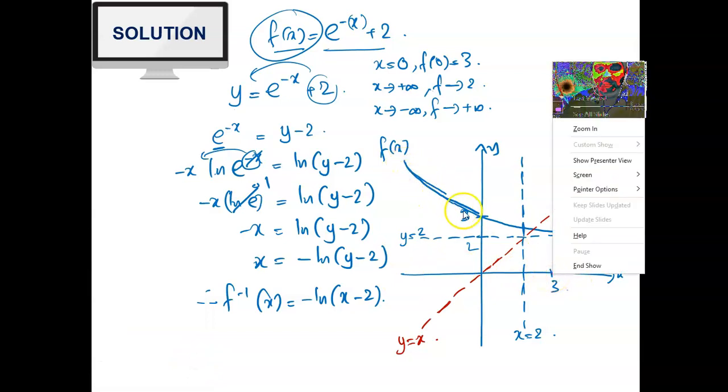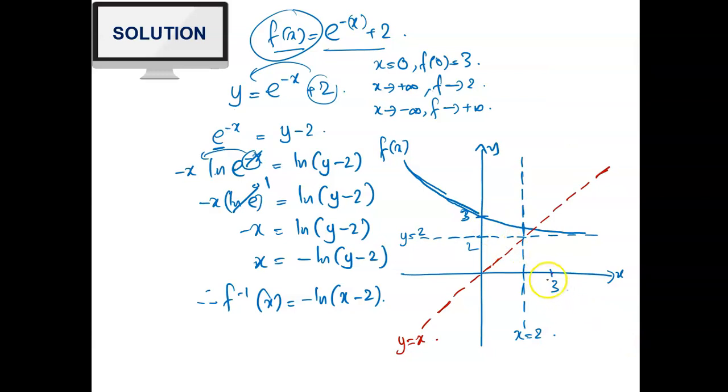So this part we call reflect to this part here now. Okay. And then this part we reflect from here. Okay, sorry. There you go. Okay, this is the inverse of the function f. This one here.